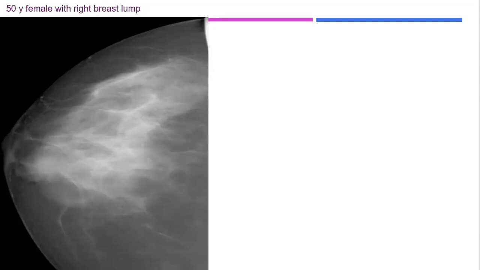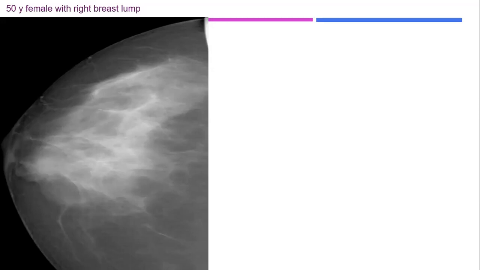I think it's a mass, but it looks circumscribed and partially obscured. The deep portion within the parenchyma is not visualized, while the outer retroareolar part seems to be well defined, circumscribed, well within the fat. There is no associated microcalcification in this view.